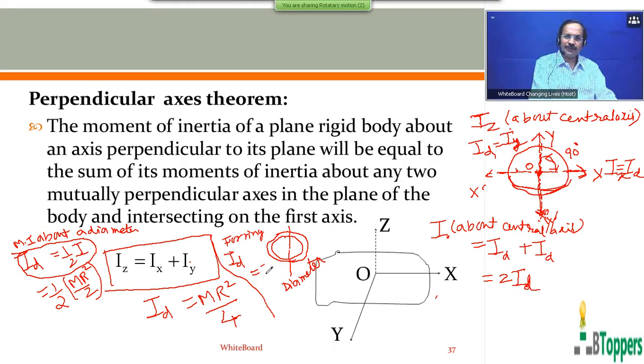So the moment of inertia of a thin uniform circular ring about its central axis of symmetry is given by I equal to mr square. That means Iz is mr square. So the moment of inertia of a thin uniform circular ring of mass m and radius r about one of the diameters of the ring can be written as mr square by 2.